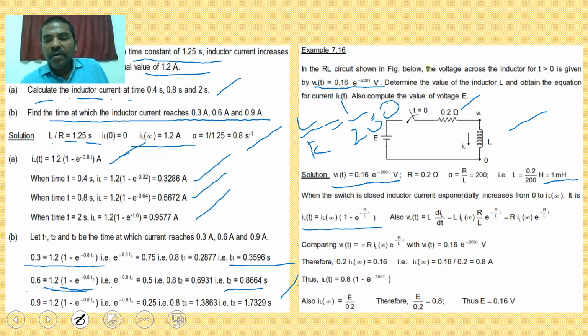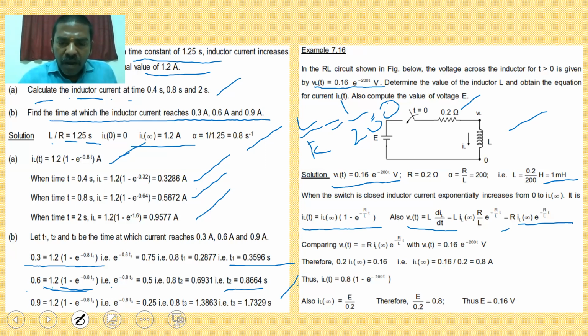T by tau. So the voltage drop across the inductor, VL of t, is equal to L di of t by dt. If you substitute the differentiation, you get L IL of infinity e power minus R by L into t into R by L. Finally you get R IL of infinity e power minus t by tau.